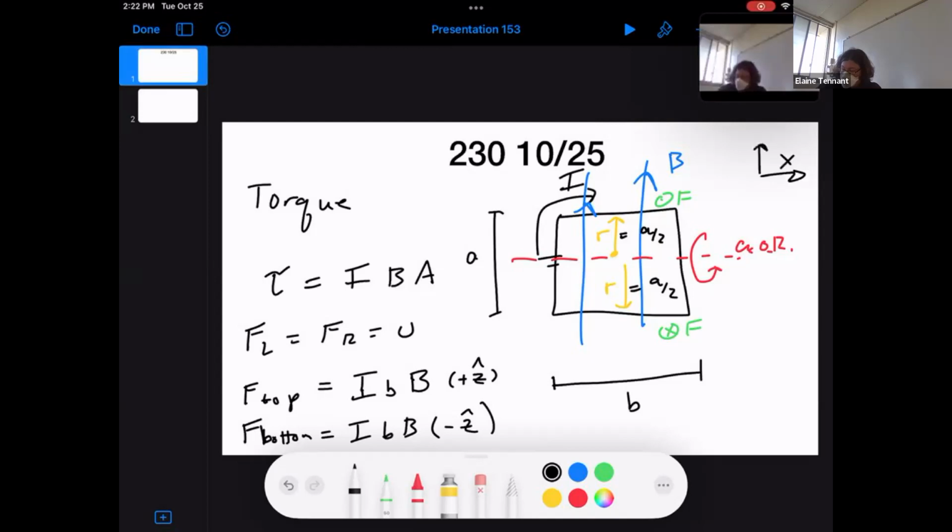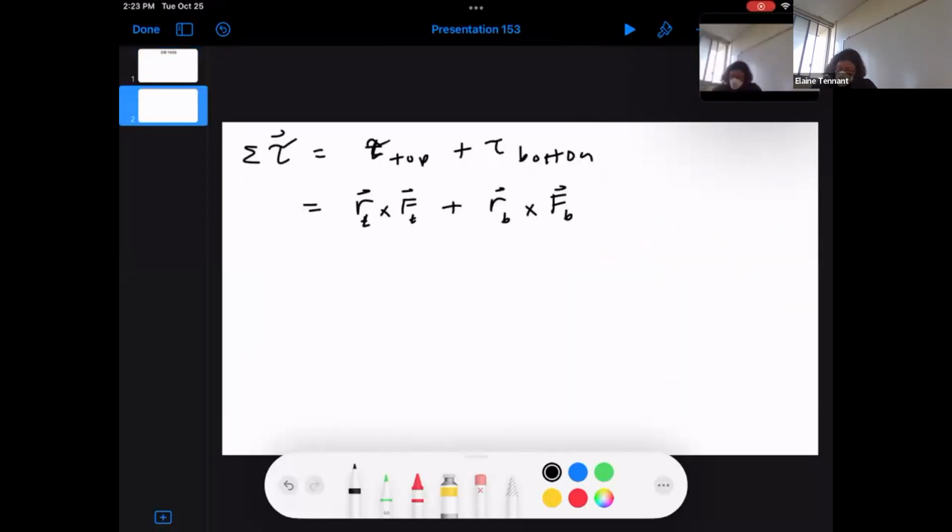X, Y, Z. And then for the bottom, R goes down, F goes into the board, and your thumb still points in that direction. So both of these torques are in the same direction, which is what we were talking about when we spun that box. Okay.